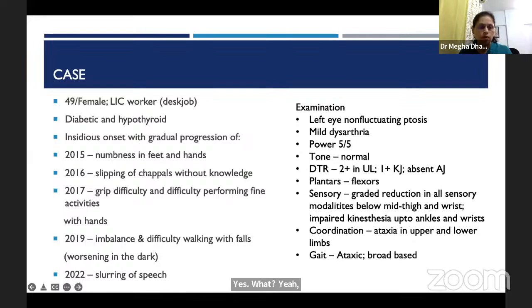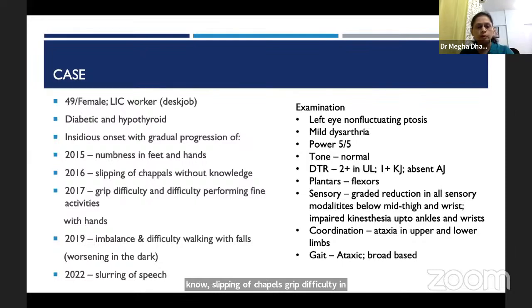Maybe. Yeah, so this was a patient, a 49-year-old lady. She had an insidious onset of symptoms. Basically non-length dependent, started in the feet and the hands first, and then involving slipping of chappals, grip difficulty, imbalance.